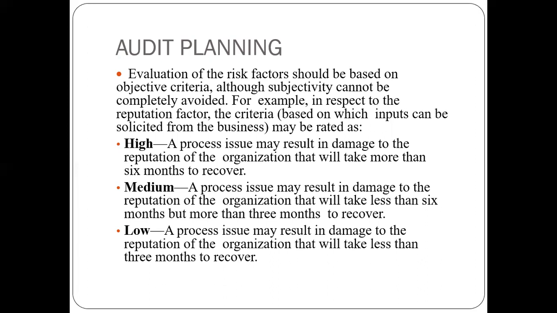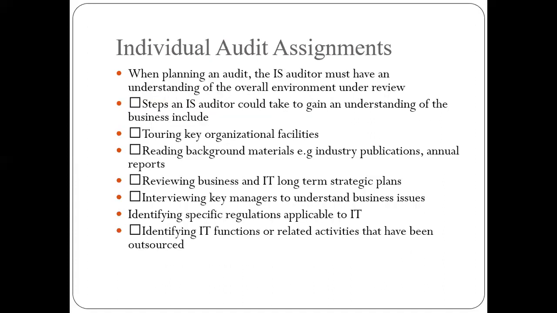So you don't major on minor, you want to major on major issues. What are the issues that can affect the organization strategically? What are the issues that can affect the organization operationally? So when you are planning for the audit, focus on the areas of high risk in that audit.